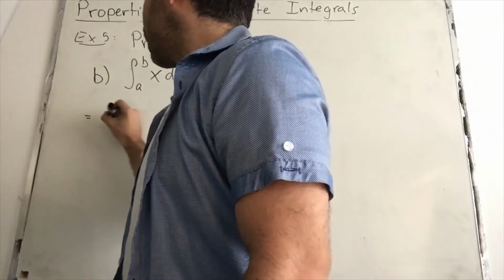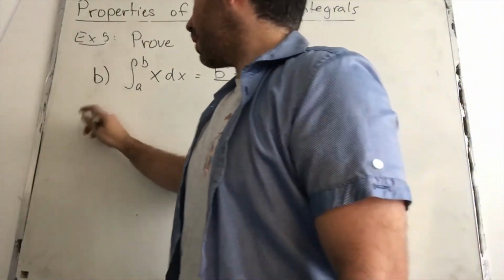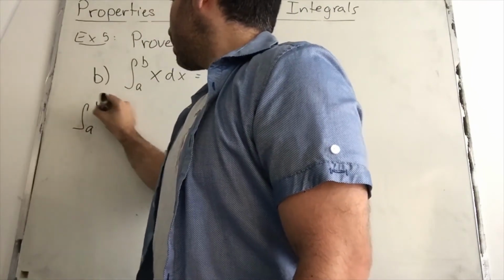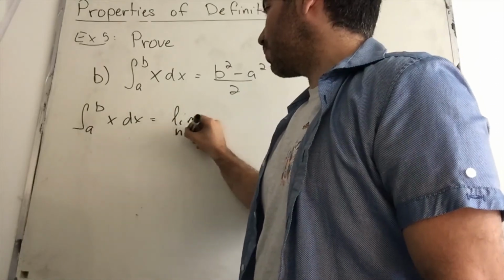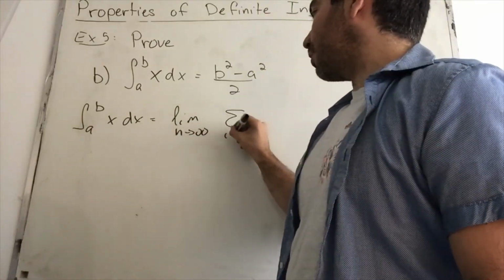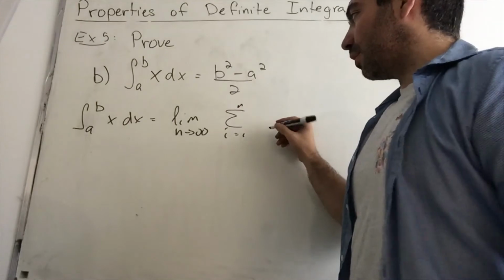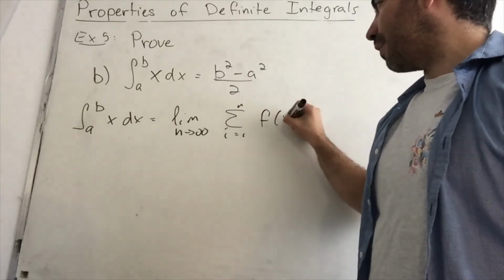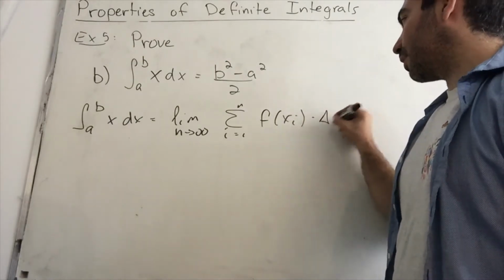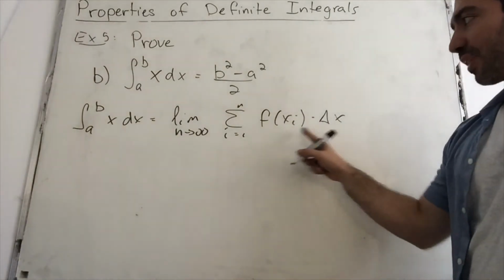So let's rewrite this as the integral from a to b x dx, and using the limit definition, limit as n goes to infinity of the summation i equals 1 to n of, it's really f of xi times delta x. I guess we could write it this way just to show our work.